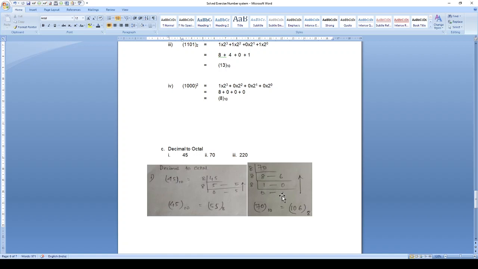So bring this 1 to the remainder and write the remainder in the reverse order: 1, 0, 6. So this is the equivalent octal number to 70. So 70 in decimal is 106 in octal, right?